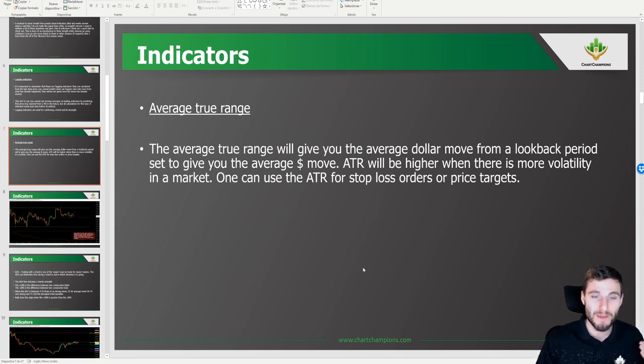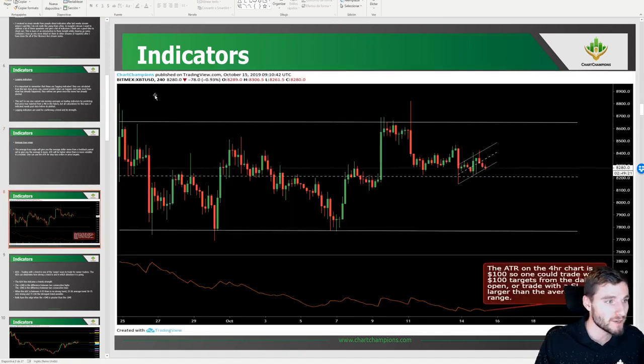So obviously when there's more volatility, you'll get a bigger number. So for example, Bitcoin on the 4-hour chart here, I've personally got it set on 14 bars, so 14 times 14 on the 4-hour chart. Come out to the daily, it'll be 14 days worth of data, and you can also change this.